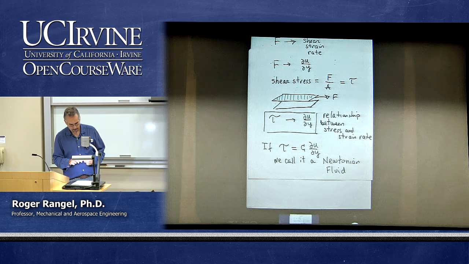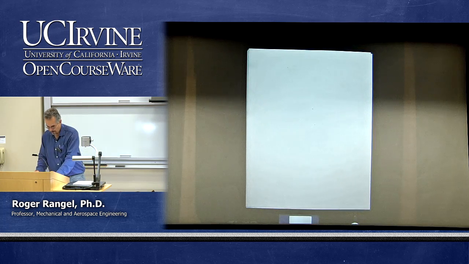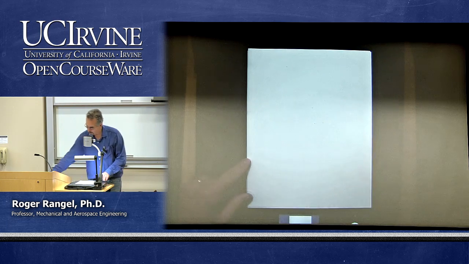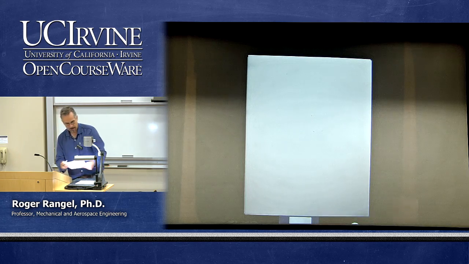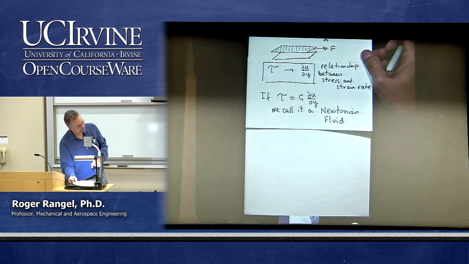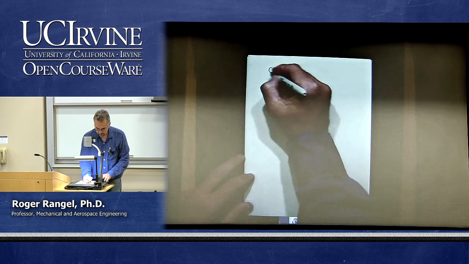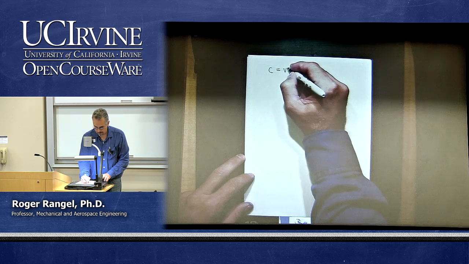And the constant of proportionality, you might be guessing, is precisely what we call the viscosity. So that constant C that we get there, that connects the shear stress to the shear strain rate, is the so-called viscosity.